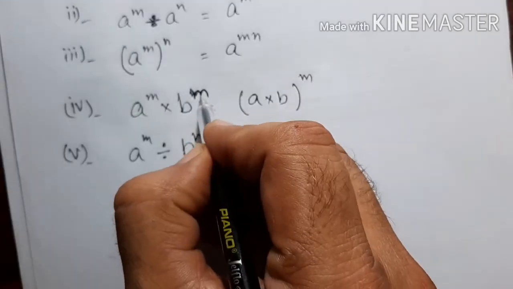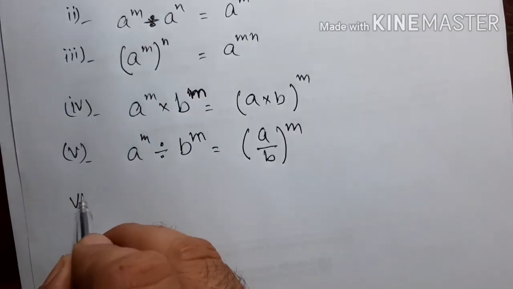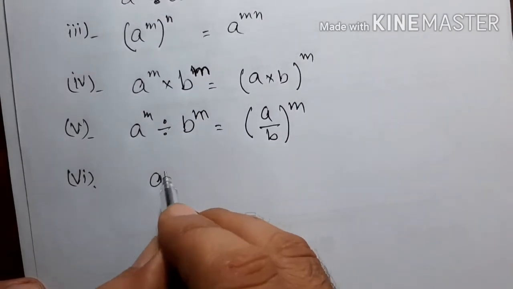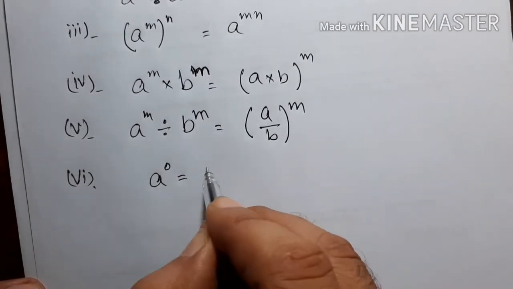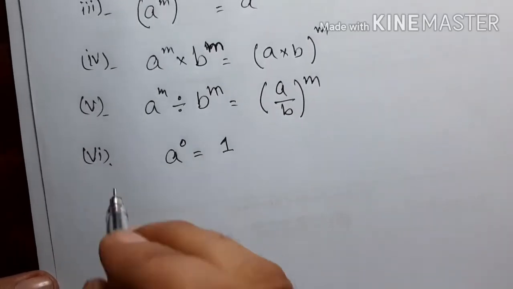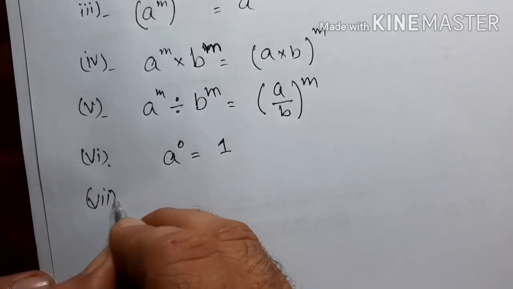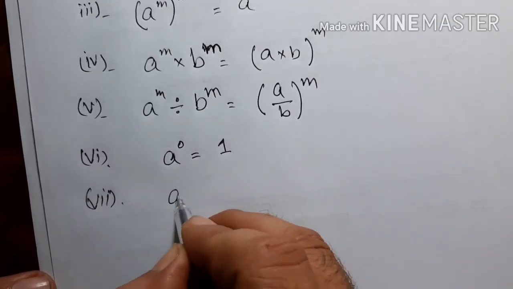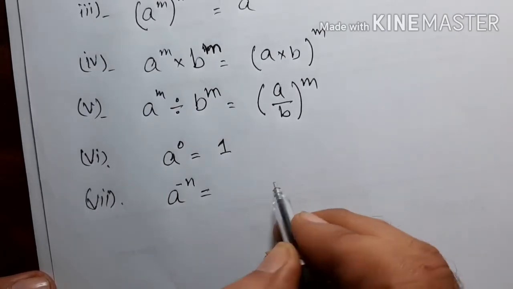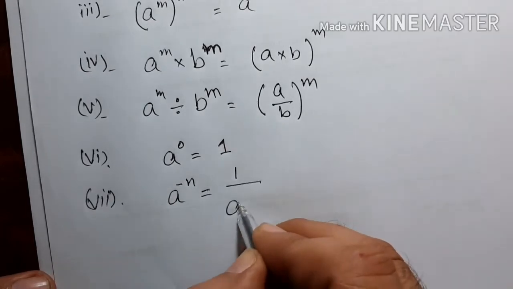Okay, this is also so. The sixth very important property, if the exponent or power is 0, then the whole term will be 1. Or if the exponent is a negative number, then we can write it as 1 over the reciprocal of this.